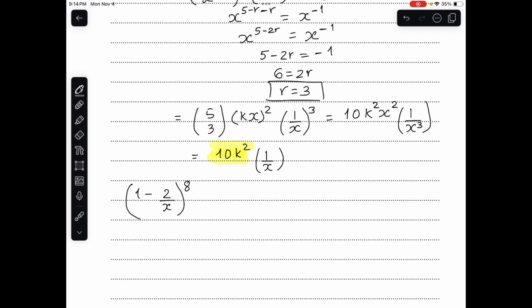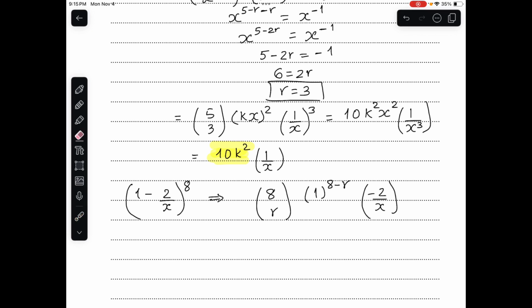So the general term would be 8Cr, 1 to the power of 8 minus r, (minus 2 over x) to the power of r. We want the coefficient of 1 over x. So obviously the power of r should be 1.